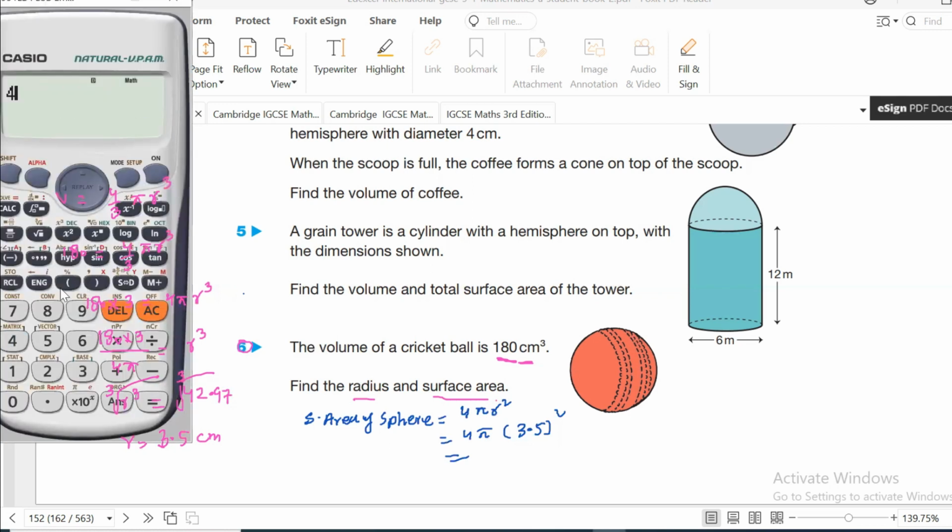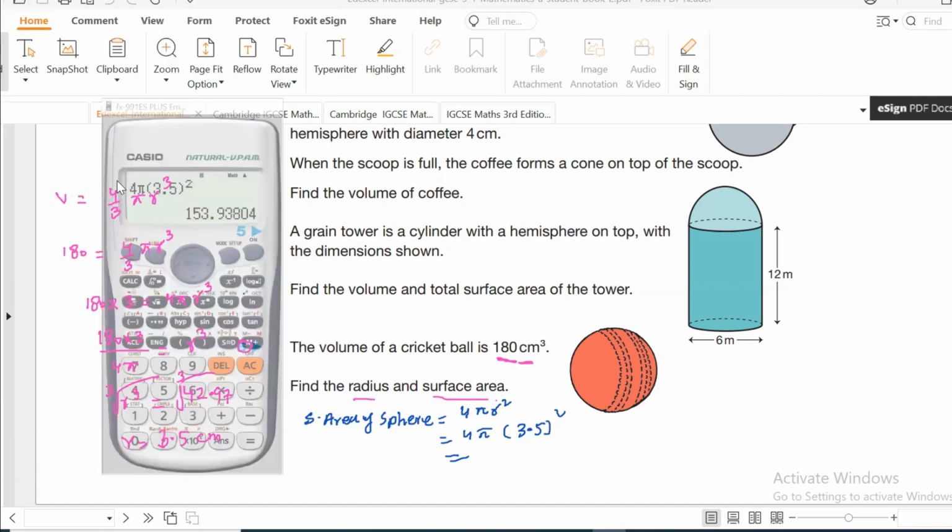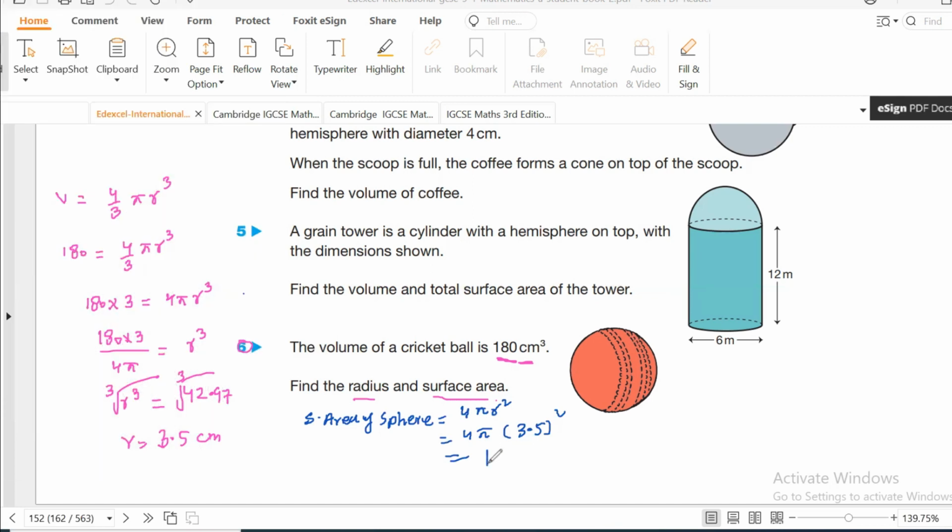It is 4 shift pi, bracket open 3.5, and it's better we use the bracket first, power 2. It gives me 49 pi. That means 153.9, or 154. So we can say 154 centimeter square, because it is area. I hope it is clear.